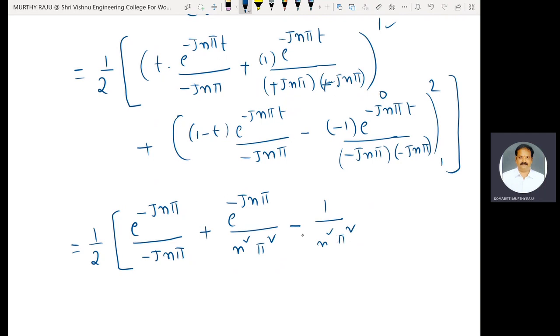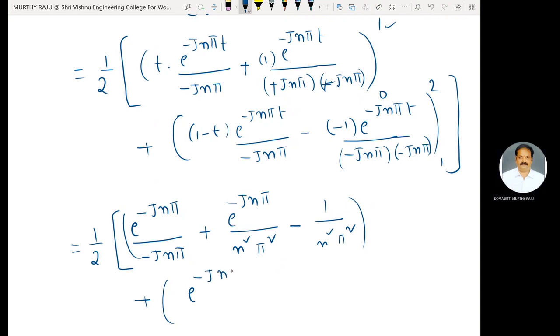For the lower limit we use the minus sign here, and substitute 2 here. 1 minus 2, minus 1. Minus into minus plus, e power minus j n pi 2 by j n pi. Here minus into minus plus j into j square minus 1, minus cancel.